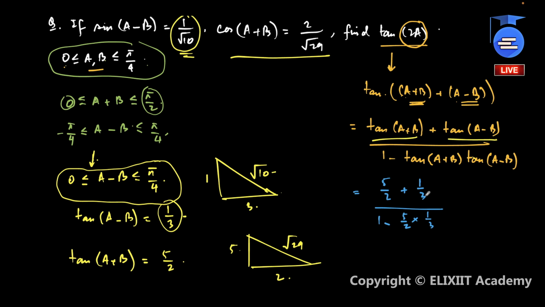This is 15, 15 plus 2, 17. 17/6. And this is 1/6. So this is clearly 17. 17 must be the answer. You all are getting 17? Great.